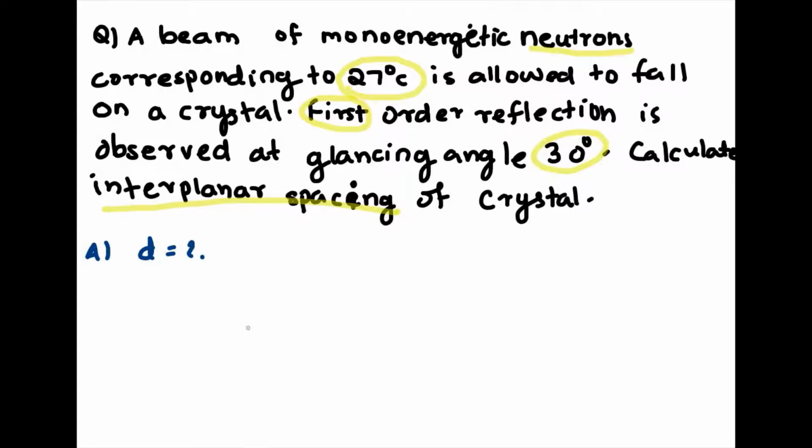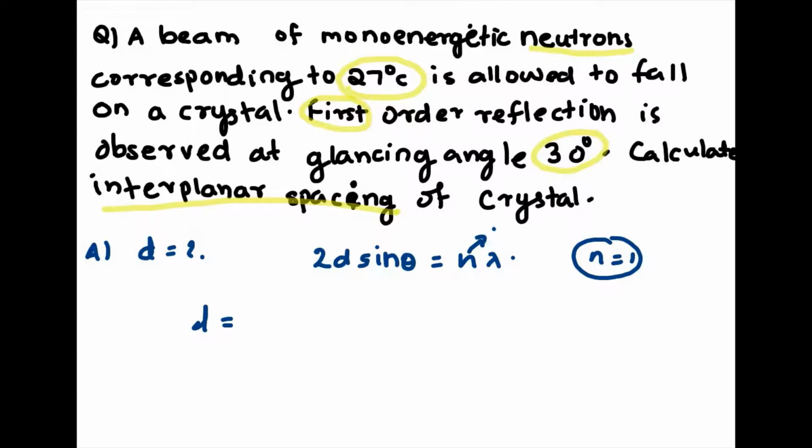First we write the Bragg's law equation, that is 2d sin theta equal to n lambda. Here we need d, and the order is 1, so n is 1, so d equals lambda by 2 sin theta.